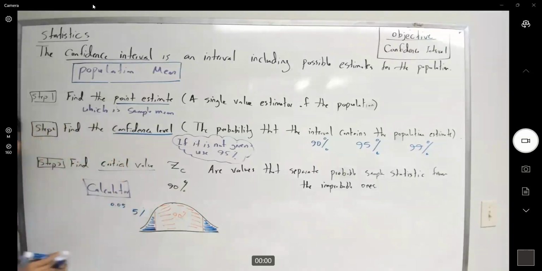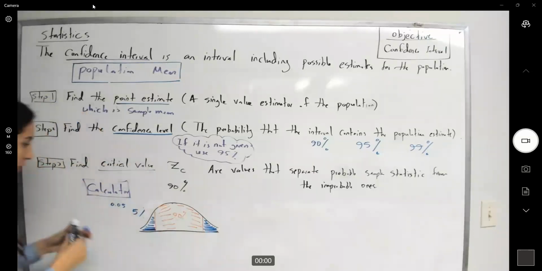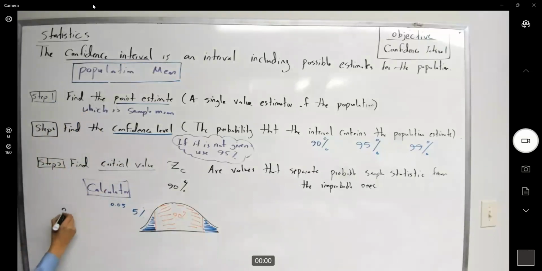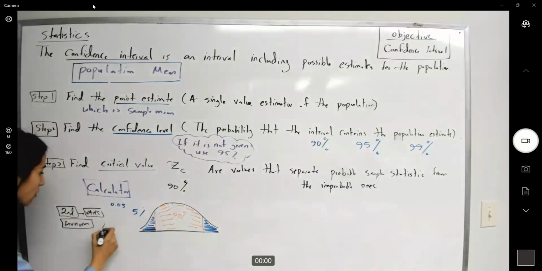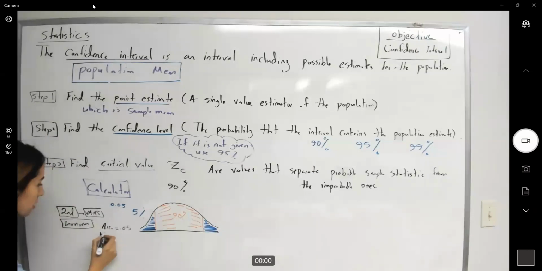Remember that when we introduce the area and find the Z value, we use inverse norm. So go to second, vars, find inverse norm, and enter the following. The area is 0.05. The mean, since it's a Z value, is 0, and the standard deviation is 1.